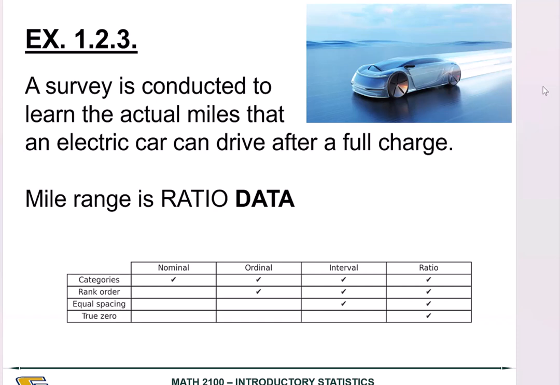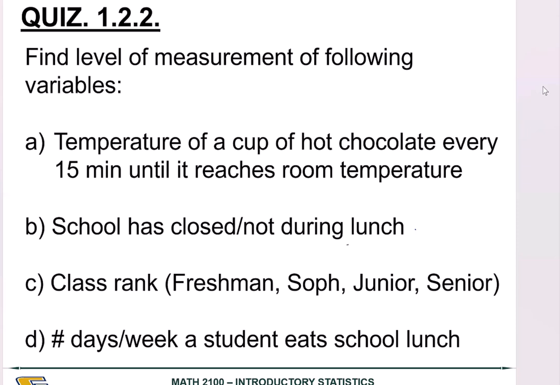Equal spacing: you can take the difference, 300 miles and 100 miles differ by 200. And a zero means after full charge, it cannot ride. So it is ratio data. Let us look at this quiz together so we can get a better understanding of how we can classify the data using the four-level measurement.